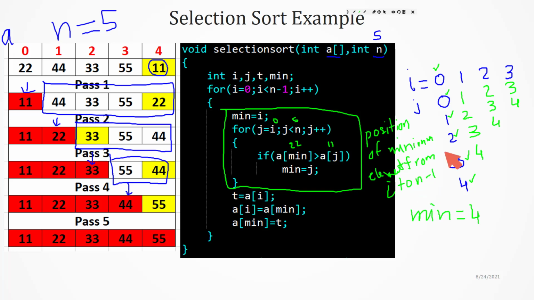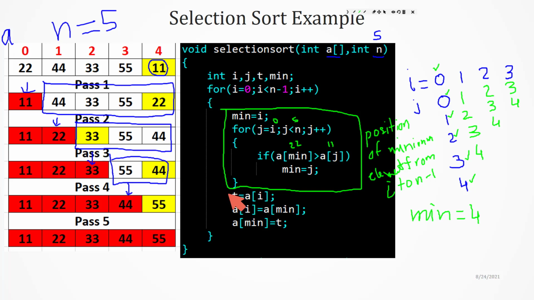So I will explain again. Here i is 0. So the j values are 0 to 4. So it will find the position of the minimum element among these index positions. From 0 to 4, it will find the position of the minimum element. Here the minimum element is 11 and its position is 4.